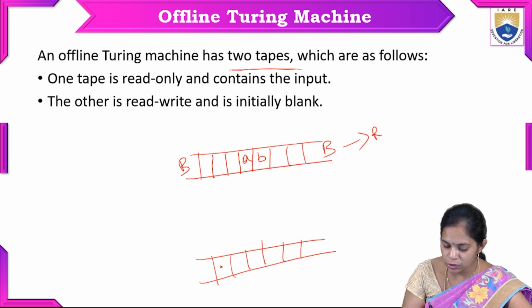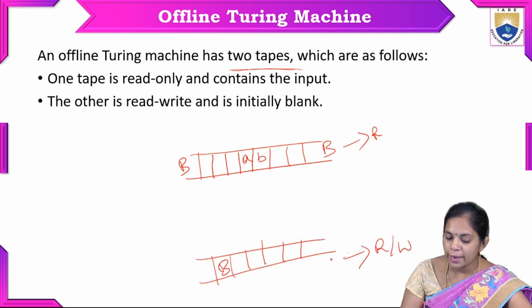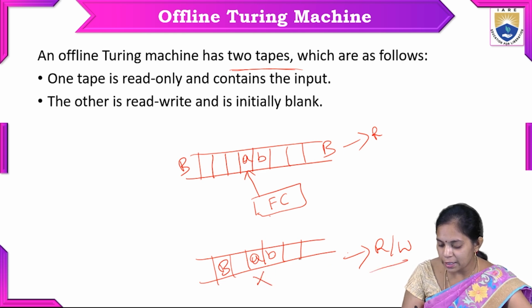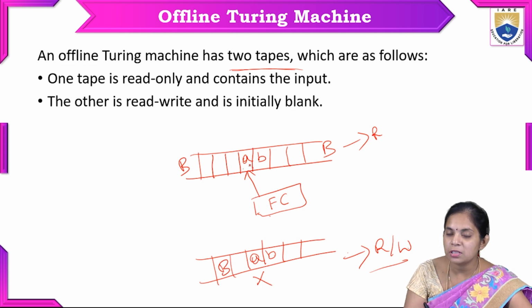And we have the operations read and write, and in between we write the finite control. It can map to the A, and it can map here A, B, and we will replace it. Why? Because the second tape has the write operation, but in the first step it is only reading the A value.